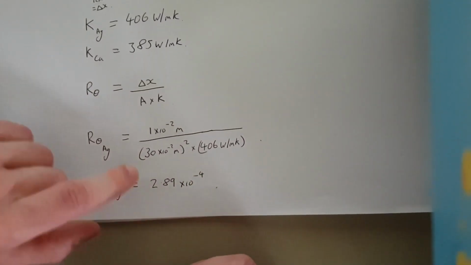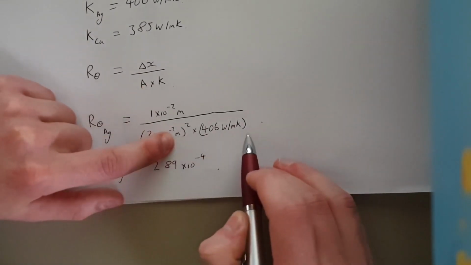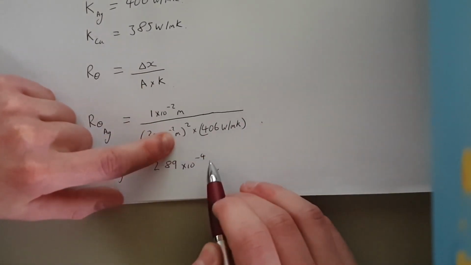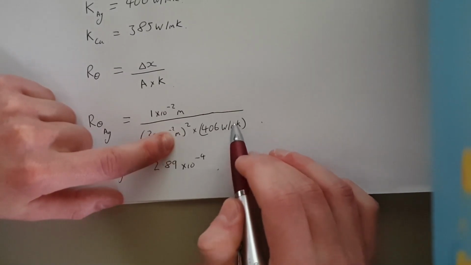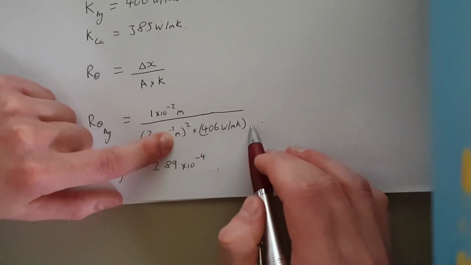And what are the units of this? Well, we can have a look at the units here. So we've got meters squared, we've got meters to the minus 1. So one of these cancels with one of these. So that gives us just meters on the bottom.